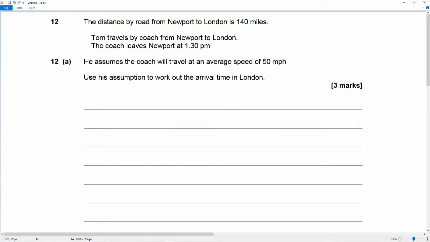Okay, so he's travelling 140 miles at 50 miles per hour.